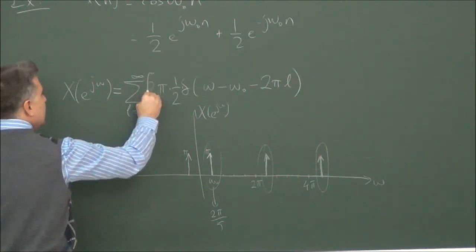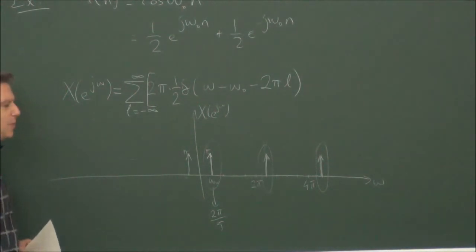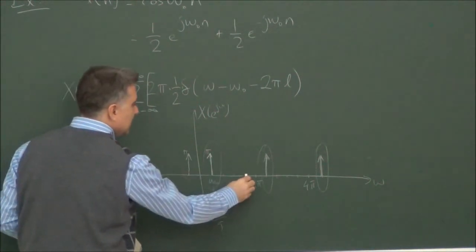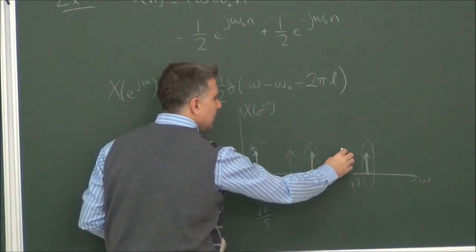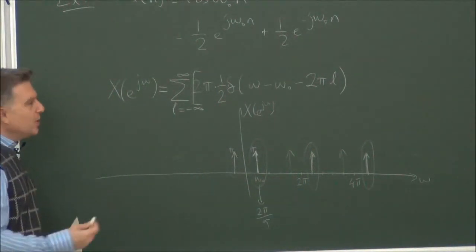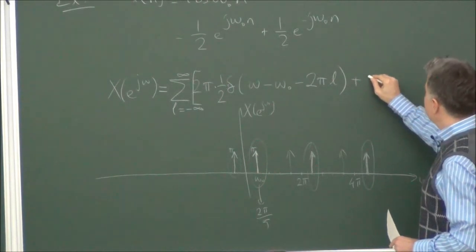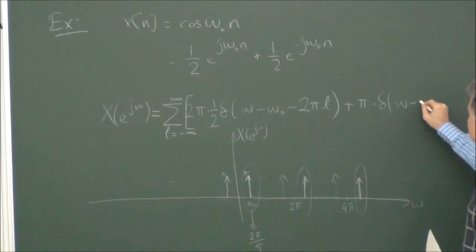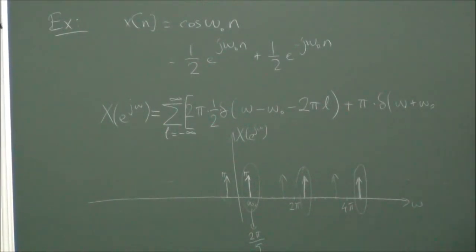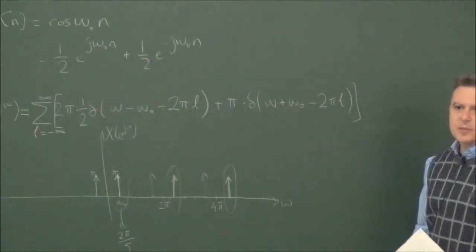In fact, within this summation we have to put the repetitions of these impulses as well. This impulse must repeat itself here, and here, etc. So it is also 2 pi periodic, and that is plus pi times delta. The first one is at minus omega 0, so it is delta omega plus omega 0 minus 2 pi L inside the same summation.